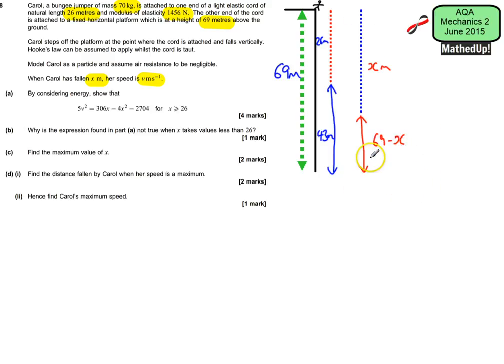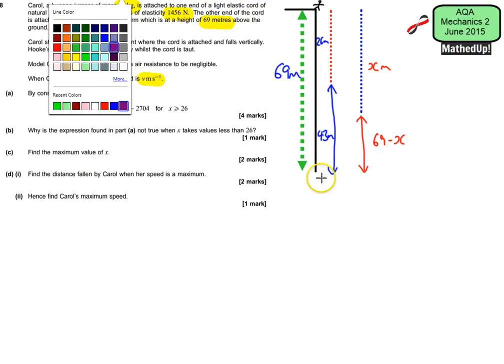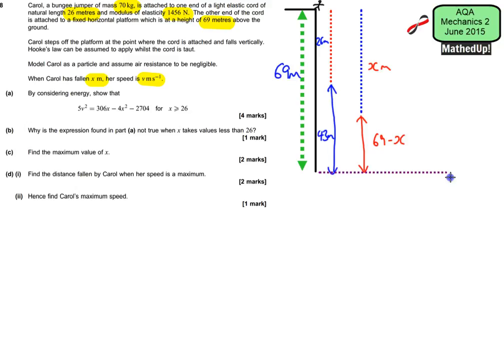So it's 69 in total, and 69 take away x tells us that distance. I'm going to take this here to be my reference point for my potential energy, so mgh is equal to 0.